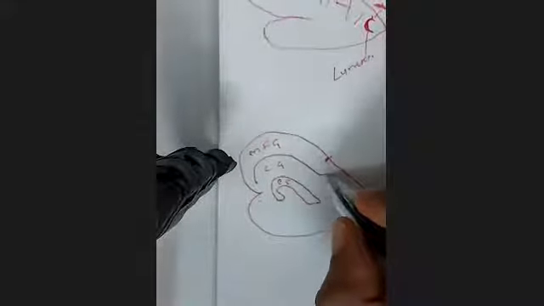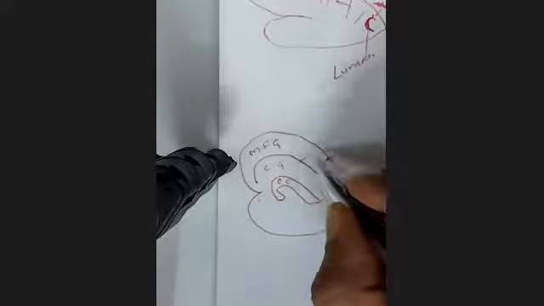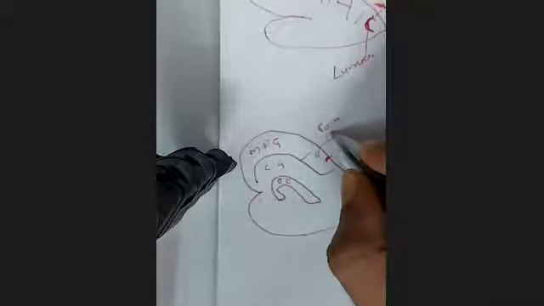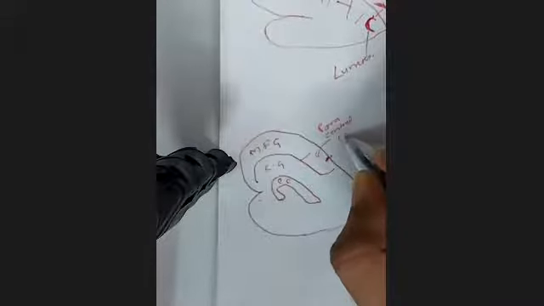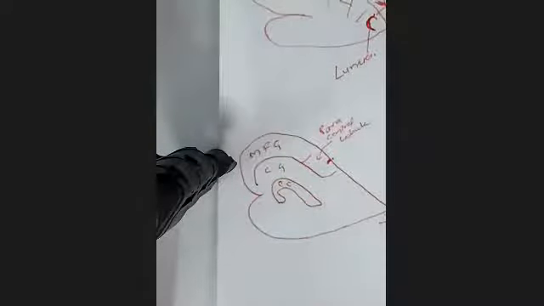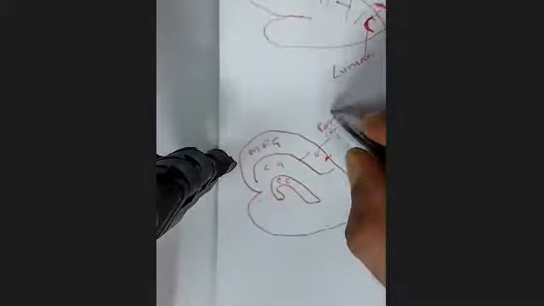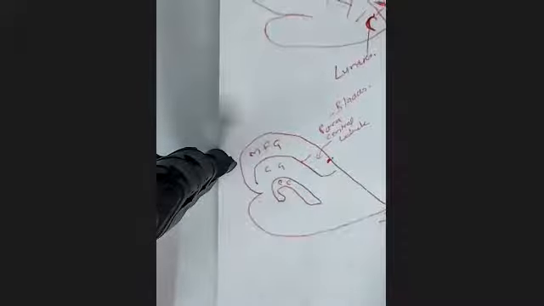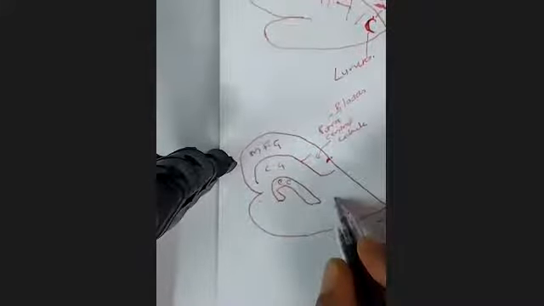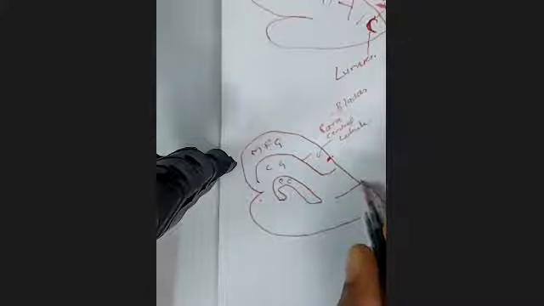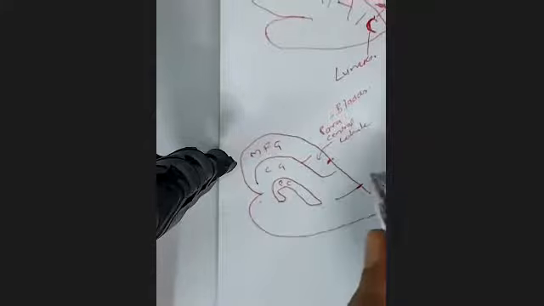So around the central sulcus is paracentral lobule, which controls the urinary bladder. Then lower down here, we see the parieto-occipital sulcus, which we had seen on the superolateral surface.